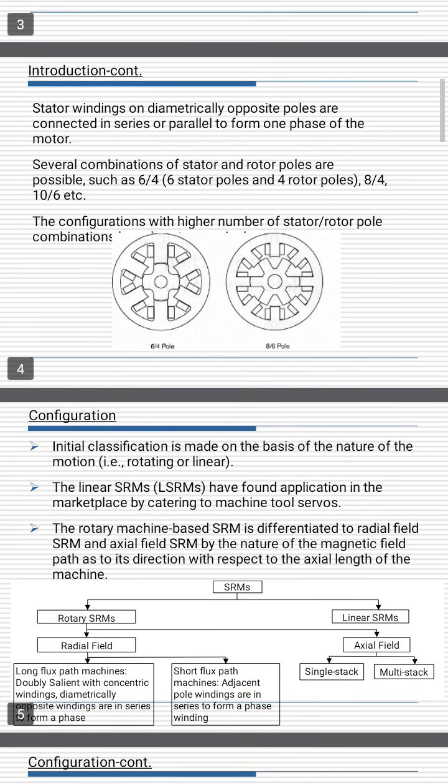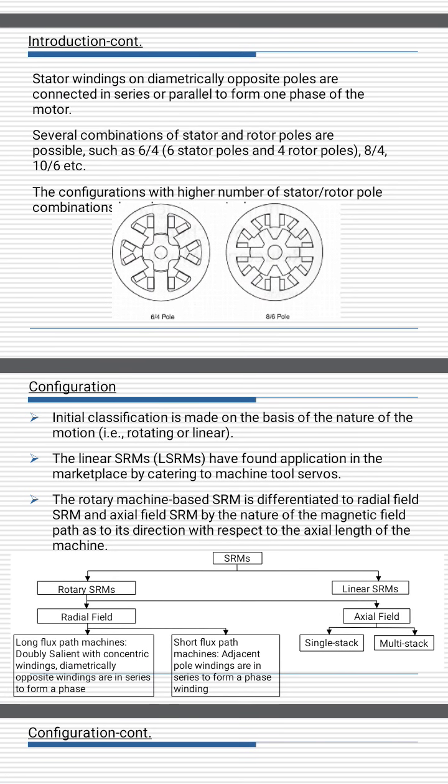Several combinations of stator and rotor poles are possible, such as 6x4, 6 stator poles and 4 rotor poles, 8x4, 10x6, etc. The configuration with a higher number of stator and rotor poles, 6x4 poles and 8x6 poles. Now we can see in these diagrams that 6x4 poles and 8x6 poles are both available.